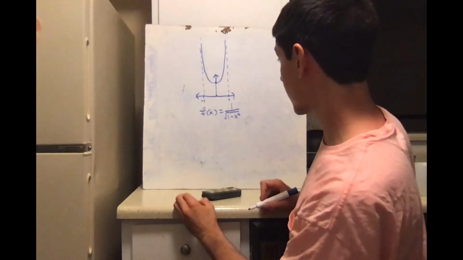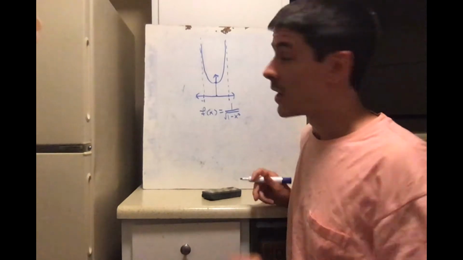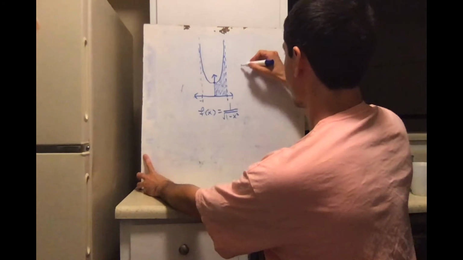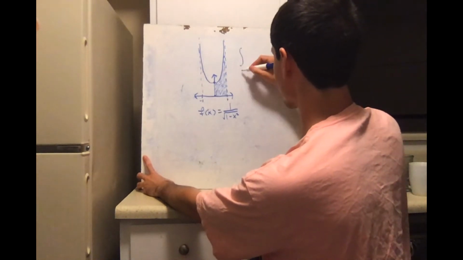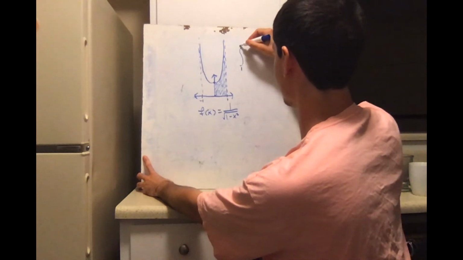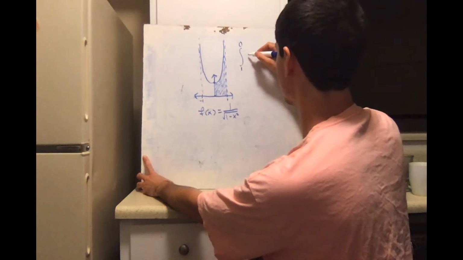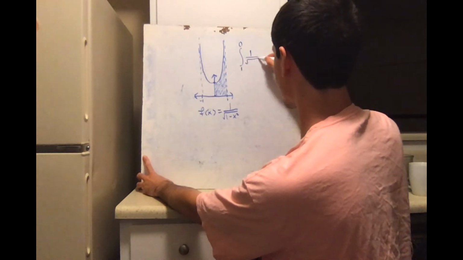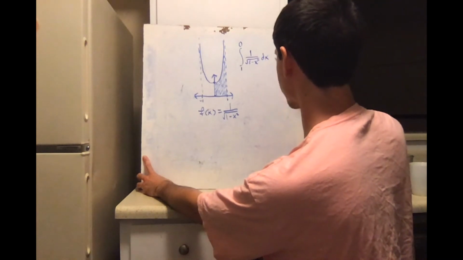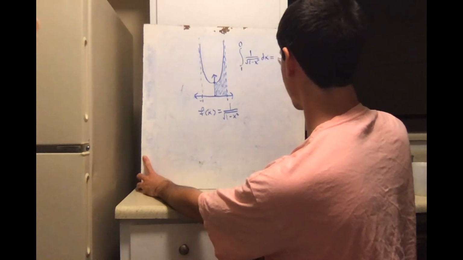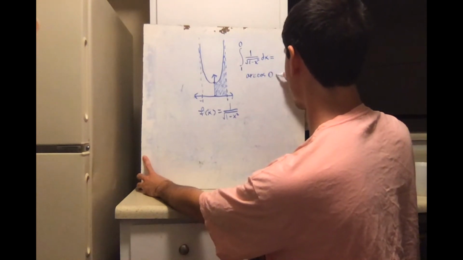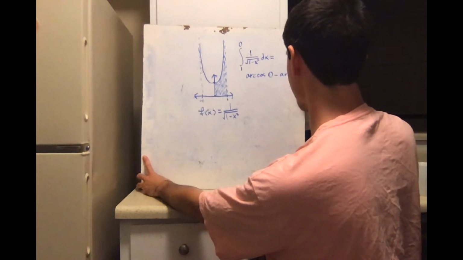So something interesting, we know that this area right here is the integral from 1 up to 0 of 1 over the square root of 1 minus x squared dx, and that equals arc cosine of 0 minus arc cosine of 1.